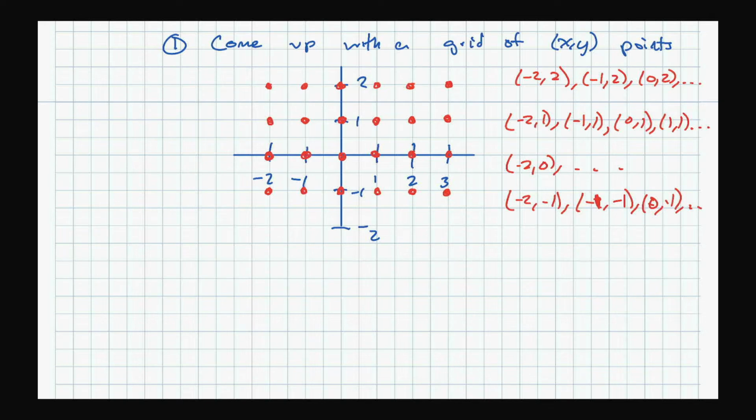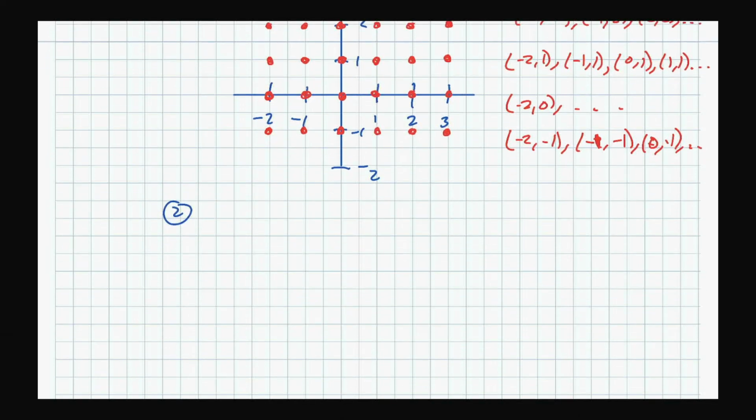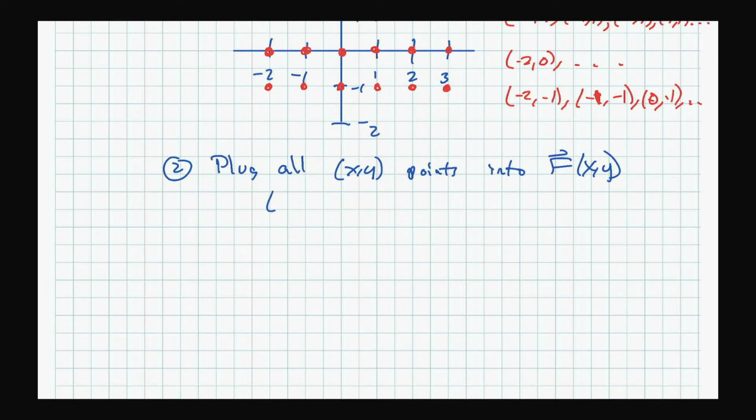Then what you're going to have to do, and this is tedious, is you need to plug all of those points into F. So plug all XY points into F of XY. Right, so this is very tedious and takes forever.